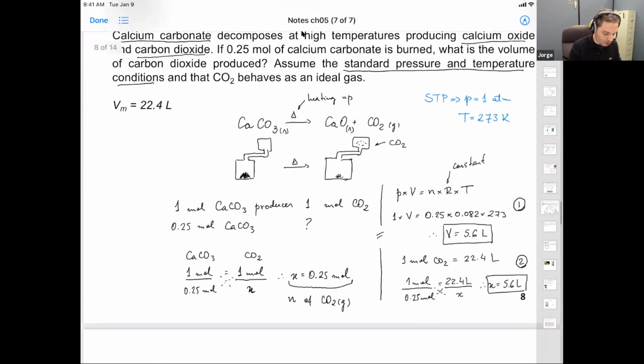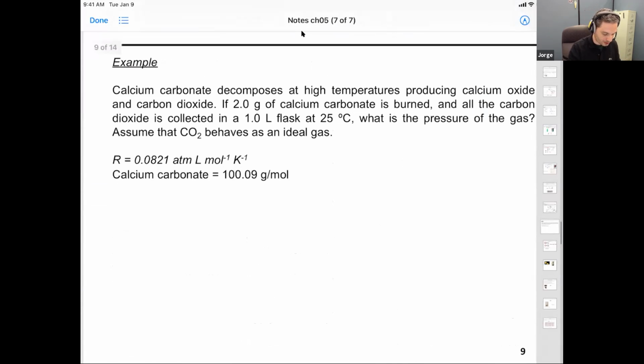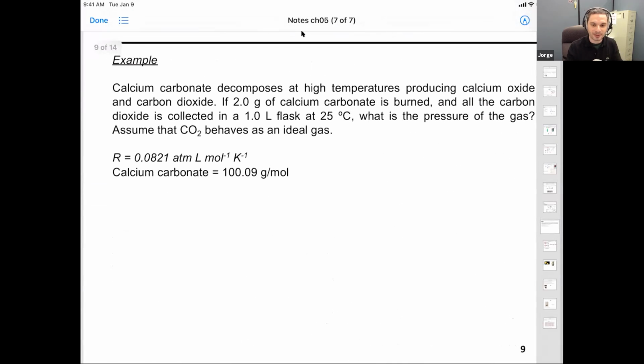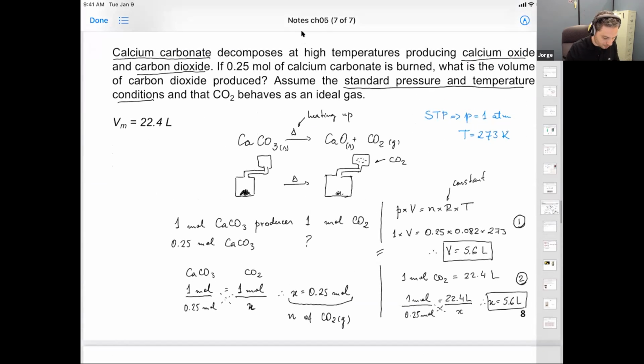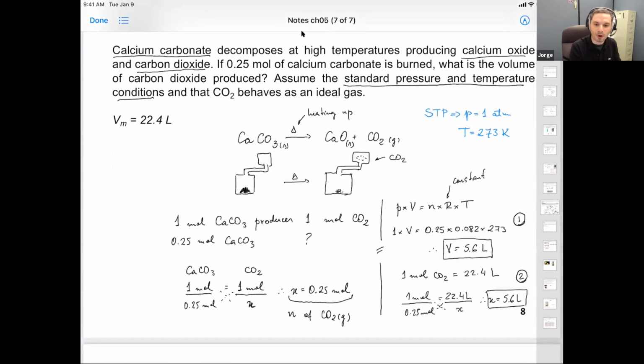So now all the gas is going to be collected in a 1 liter flask, and the temperature of the gas is going to be kept at 25 degrees. How can we find the pressure of the gas? You are going to basically follow the same flow. The first step is always to find the number of moles of the gas produced, and then you input it in the ideal gas equation because we are looking for pressure.